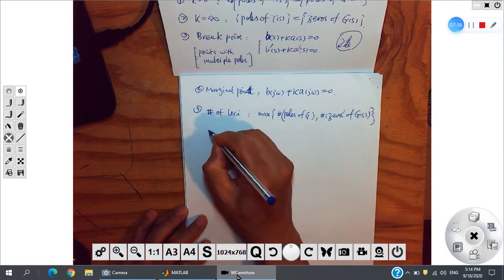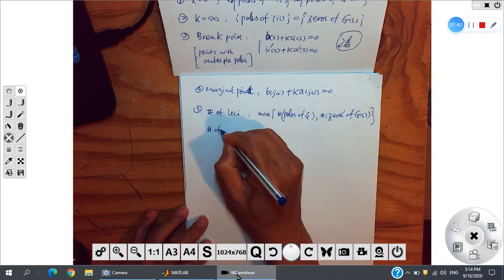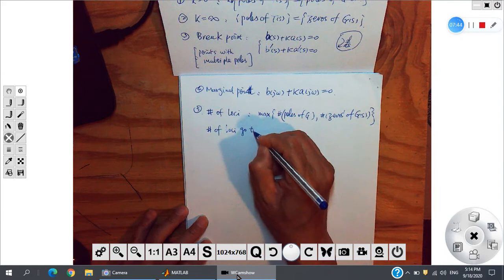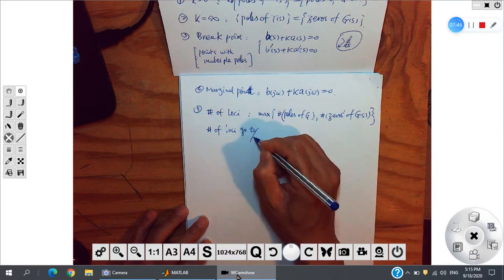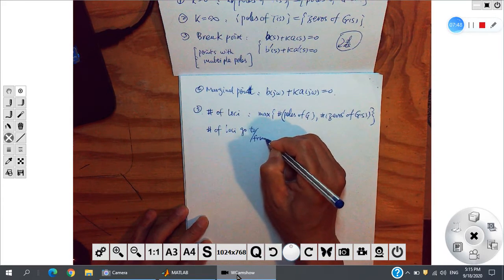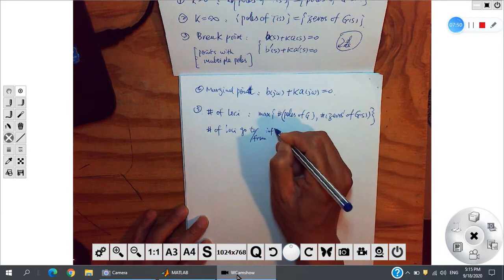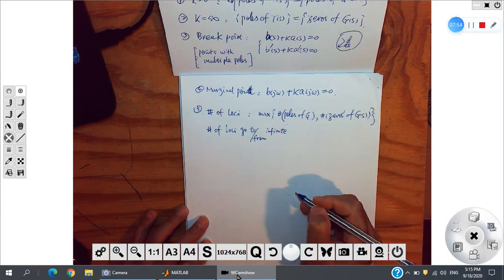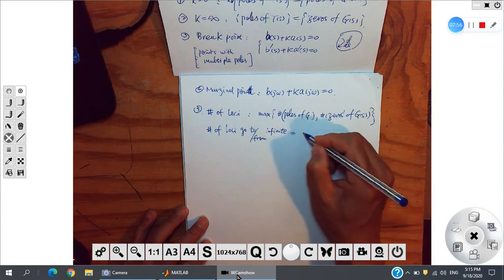And then we consider the number of loci going to or from infinity.